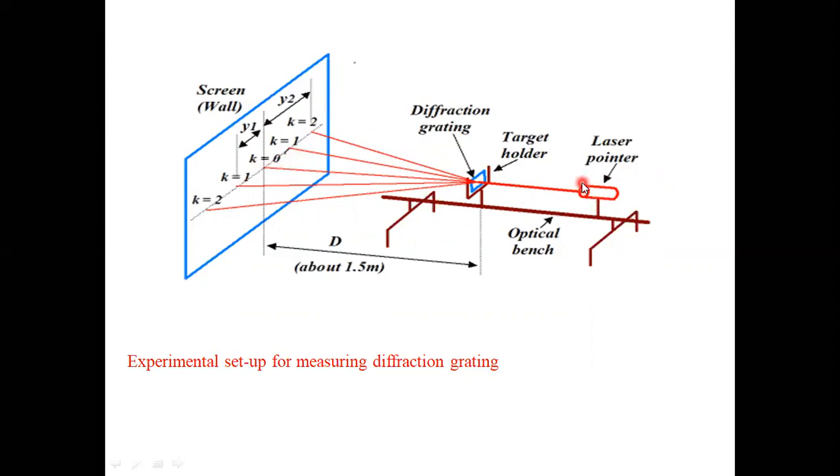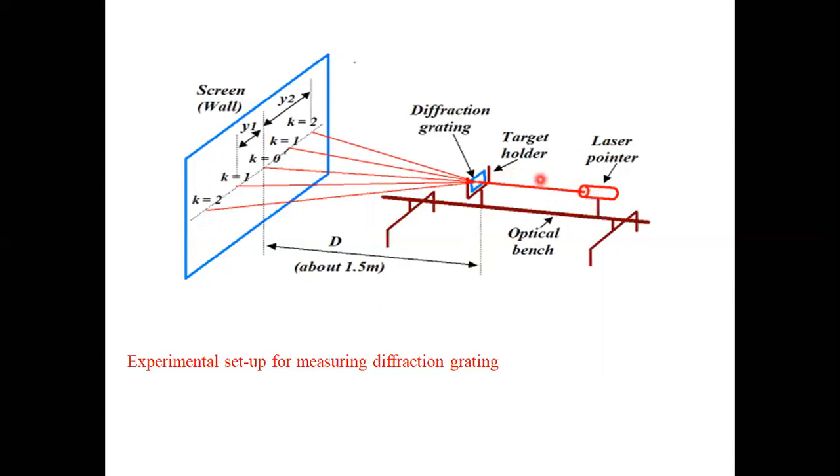Let me explain what will happen here. Whenever light from the laser falls on this grating, it undergoes diffraction, because this grating contains a large number of slits whose dimensions are comparable to the wavelength of the light. So we can observe the diffraction pattern easily.